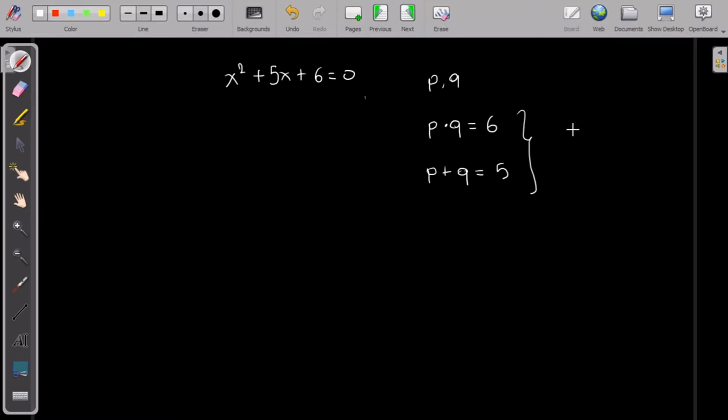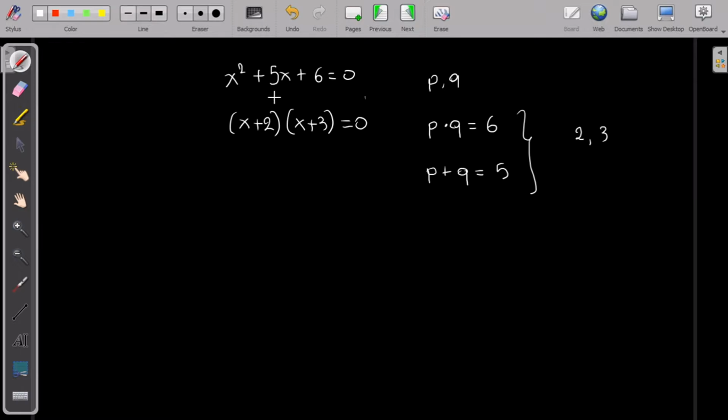Which are these two numbers? If you try with numbers, you will see that these numbers are 2 and 3. So this can be written as x plus 2 times x plus 3 equals 0.